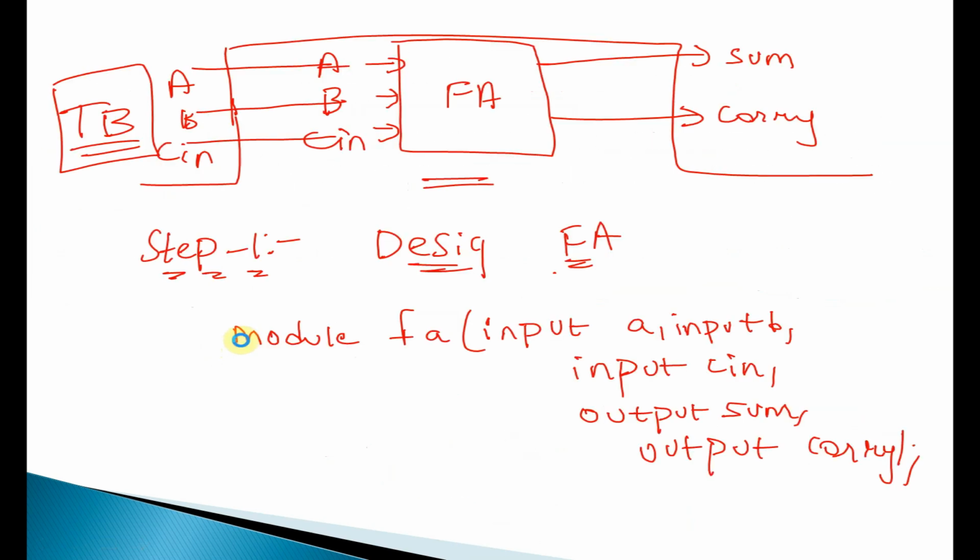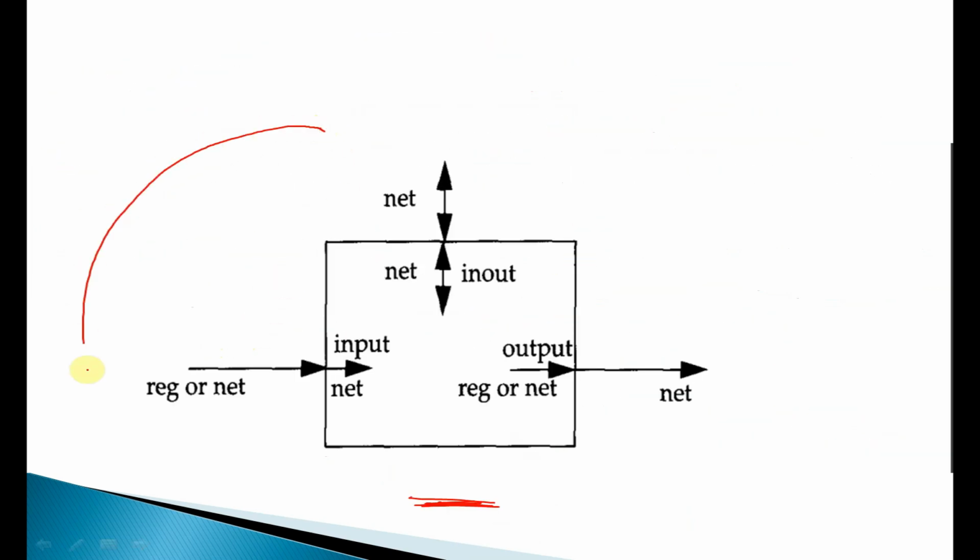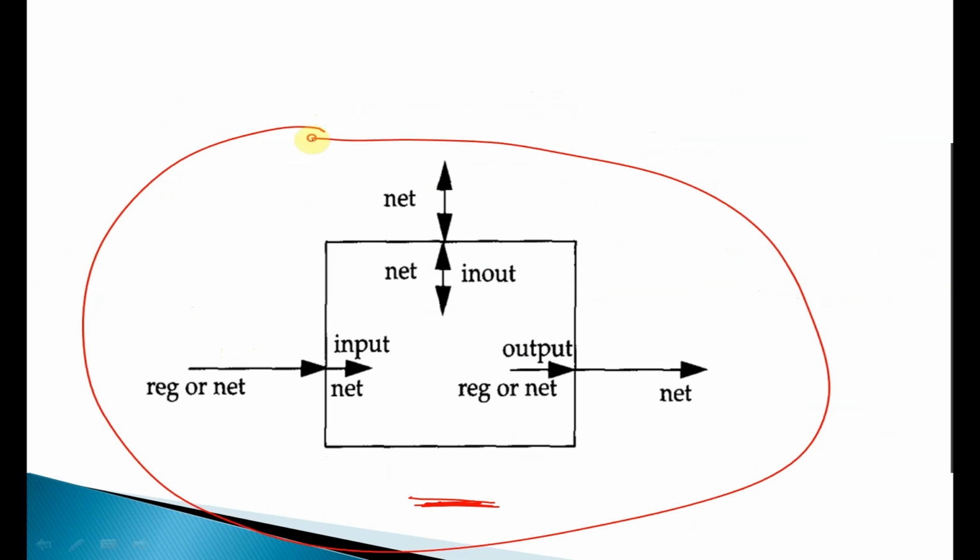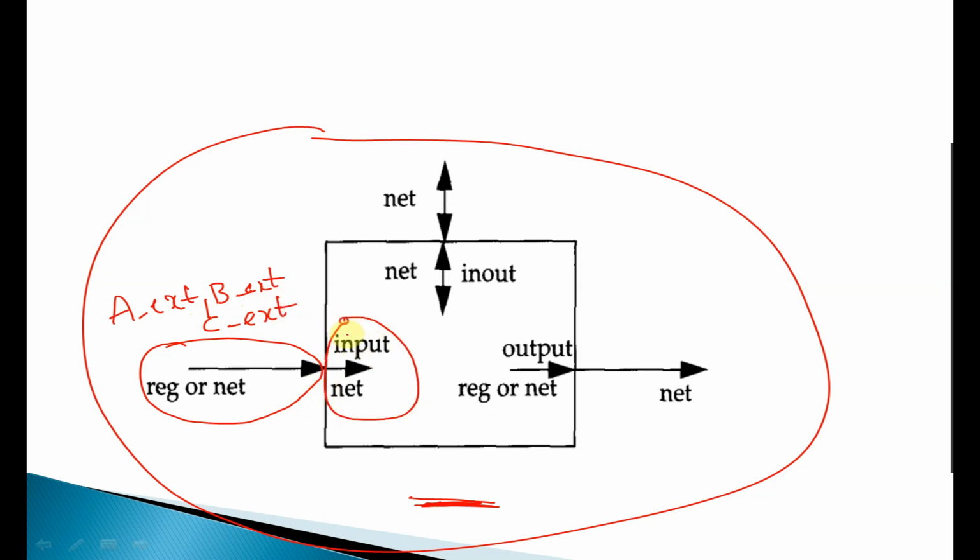So you can remember this particular design. Now what is your driver? This is your driver. The output arrow is your driver. You can say it is A_external or B_external or C_external. And here on the input side, the arrow mark represents your ports A, B, C. Is it clear how to identify your driver and your input port?